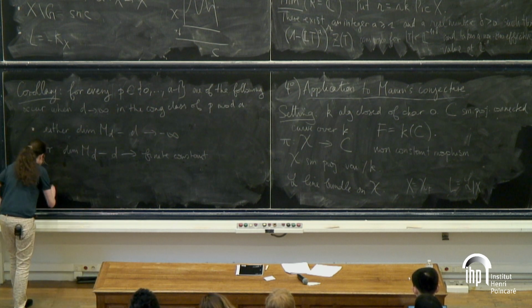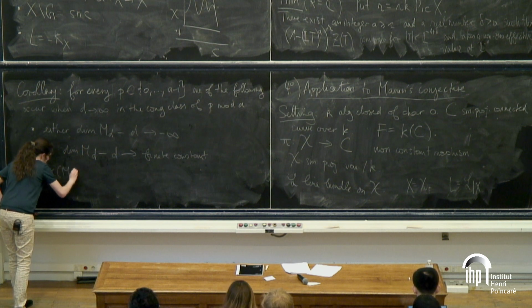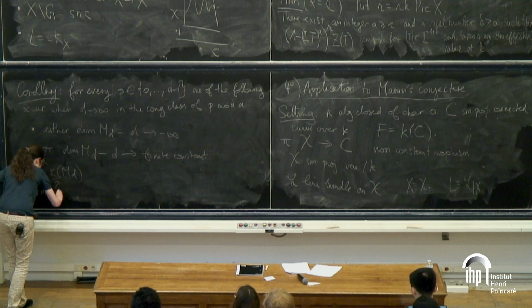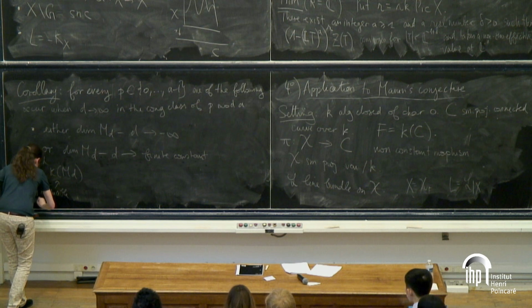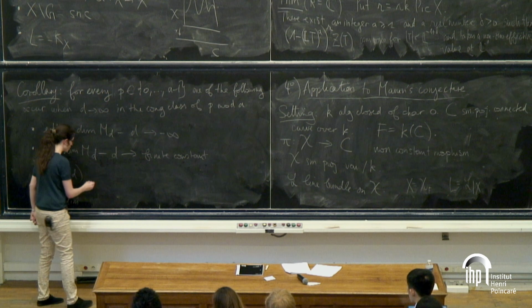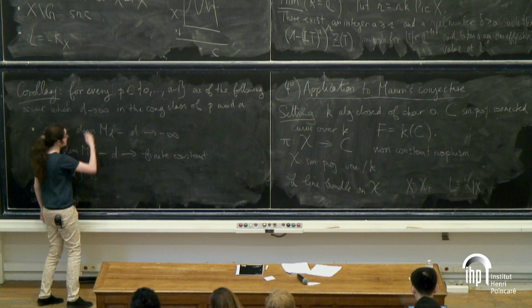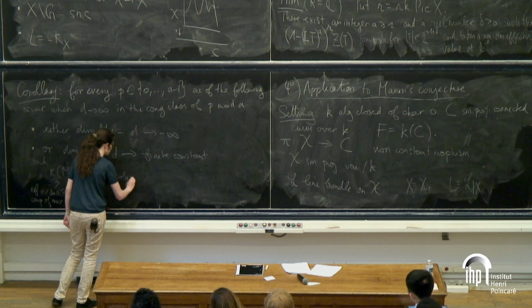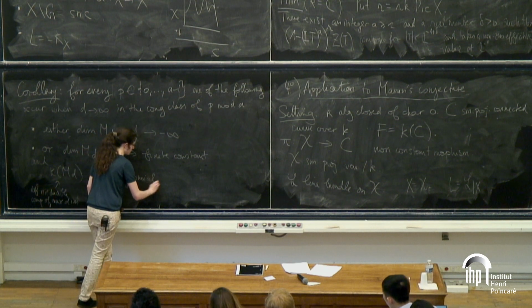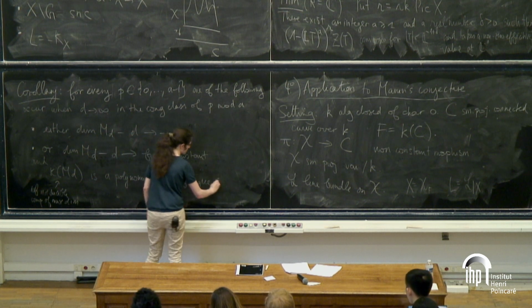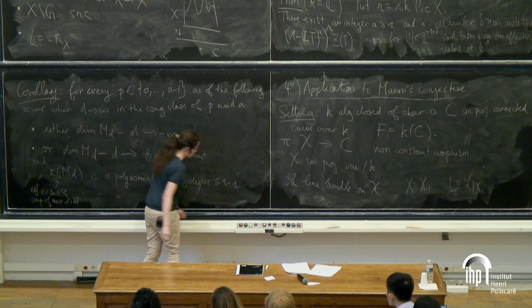And I can also say something about the number of irreducible components of maximal dimension. Namely, this number will be, for d sufficiently large, a polynomial in d of degree at most r minus 1.